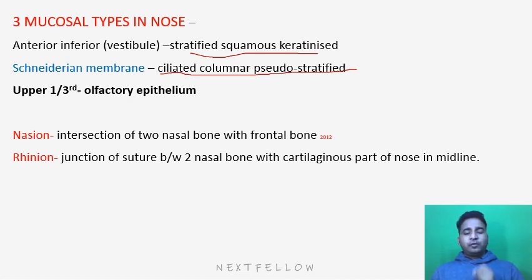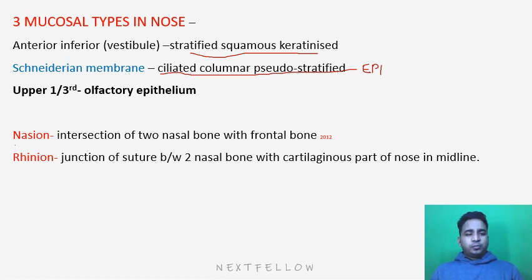So the anterior-most part, or the vestibule, is formed by stratified squamous epithelium, whereas the rest of the nose, excluding the olfactory epithelium, is formed by ciliated columnar pseudostratified epithelium, which is mainly the respiratory tract epithelium. And the upper one third, which deals with olfaction, is the olfactory epithelium.